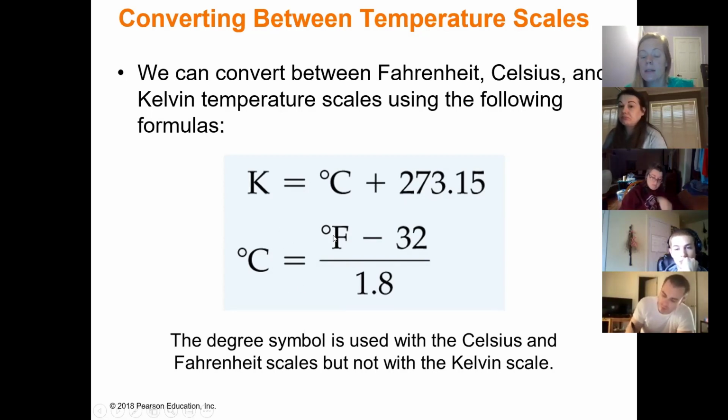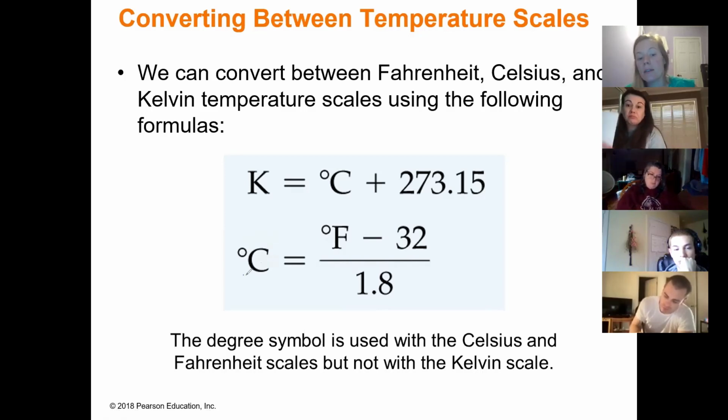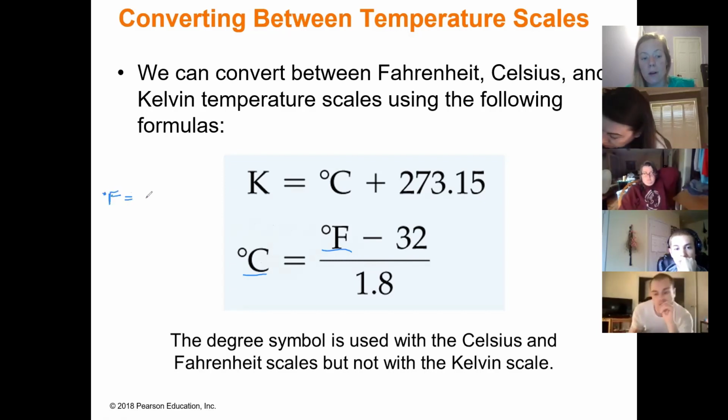If we want to get Celsius from Fahrenheit, we need to subtract 32, and then divide by 1.8. Now, let's say instead of solving for Celsius, we want to solve for Fahrenheit. Well, degrees Fahrenheit is going to equal our Celsius value times 1.8 plus 32, right?